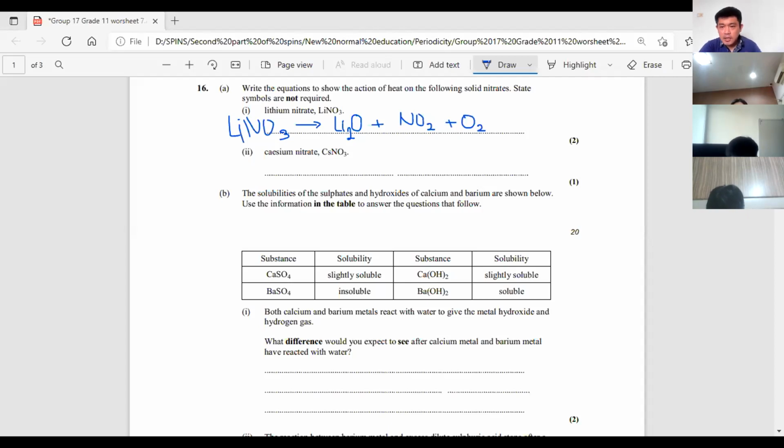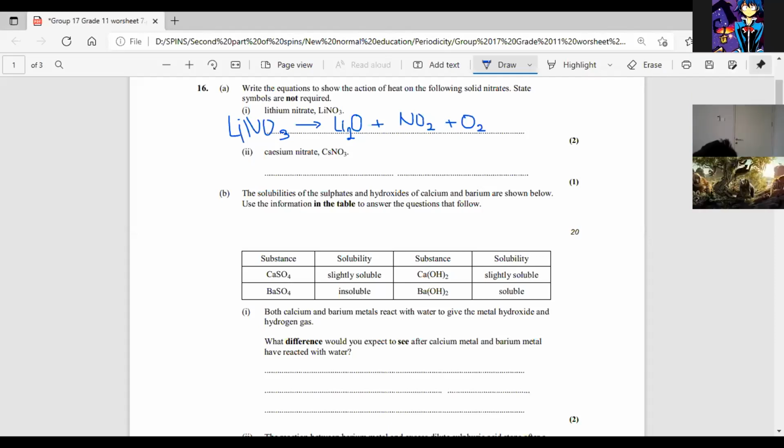Okay, so I need help from Erica. Erica, can you help to add coefficients in front of each formula? What is the coefficient of this one? I give the blank for you to add the coefficients. The first one is 2. Okay. Next, lithium oxide.